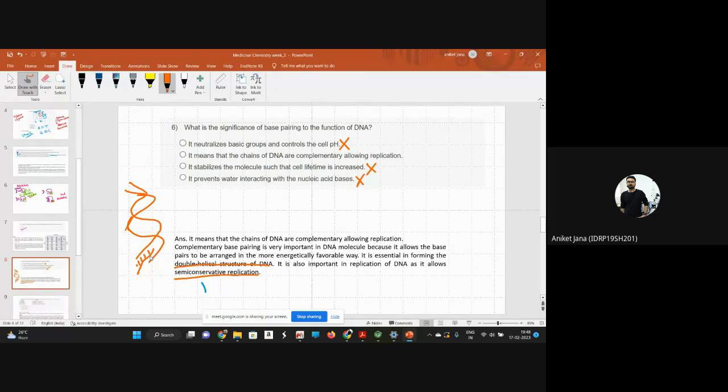This process is called semi-conservative replication. So this base pairing is very important for the conservation of the structure in the newly formed DNA. Right, got it? Anybody has any doubt?